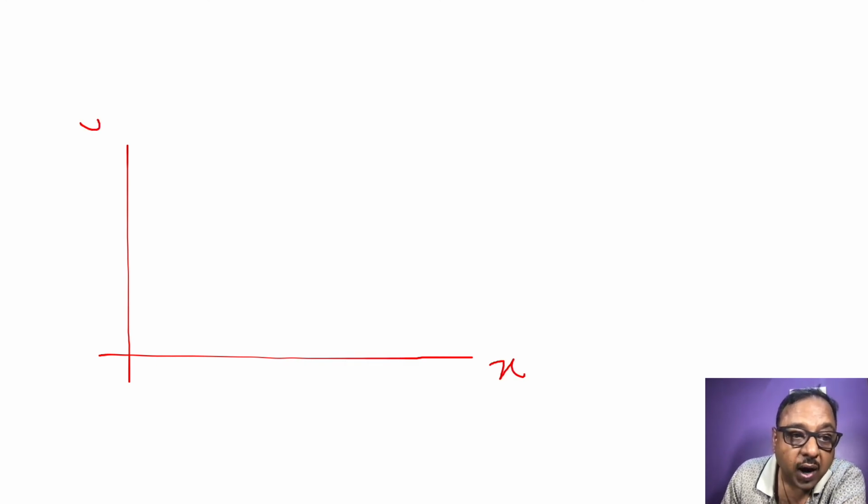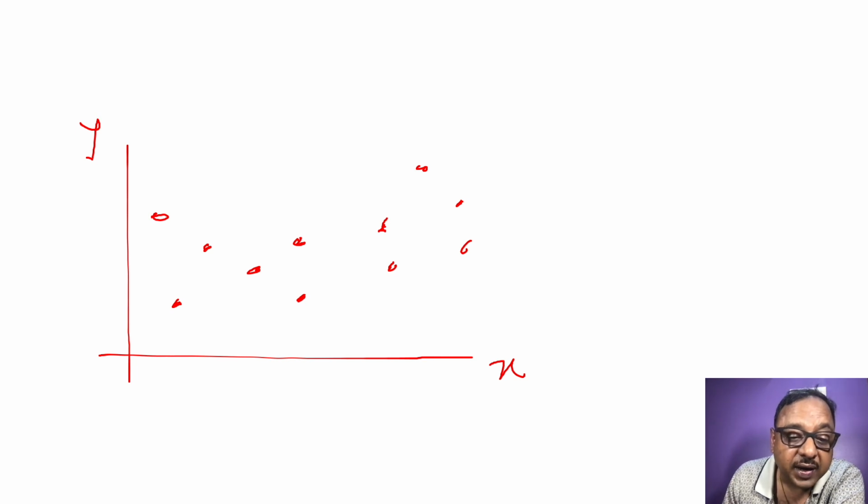Now let us extrapolate the idea that we have just discussed. Supposing we have again a simple case where we have just 2 variables x and y, and we have plotted x and y for different observations that we have made. So supposing this is my plot. Last time what we did was that we tried to figure out a straight line between these points which gives us the estimate.